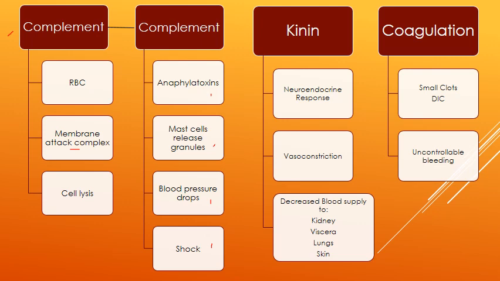The kinin system, which you see here, is basically a neuroendocrine response to the hemolytic reaction. Usually one of the things that you see in response to the release of those kinins is some kind of neuroendocrine response, in particular vasoconstriction.